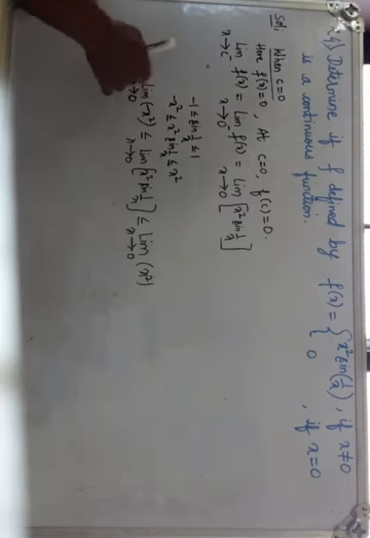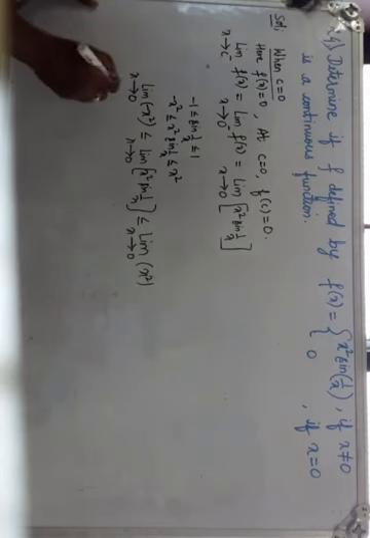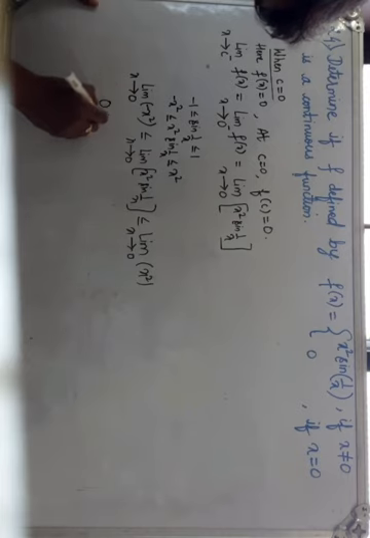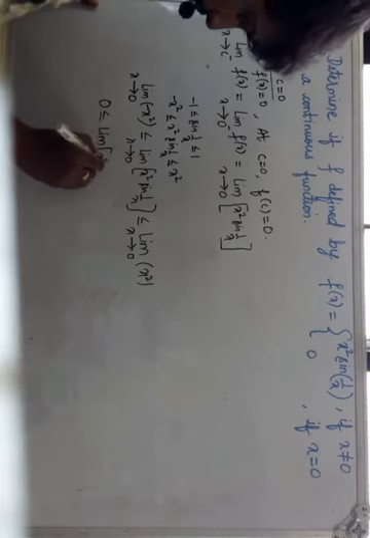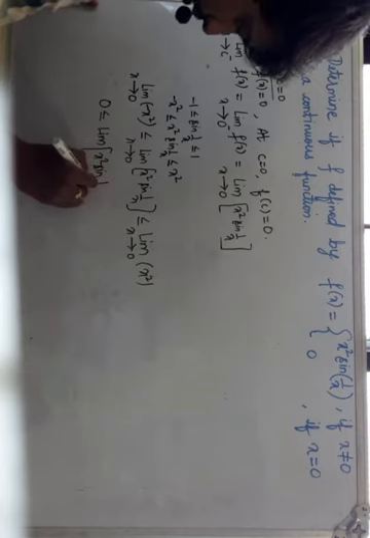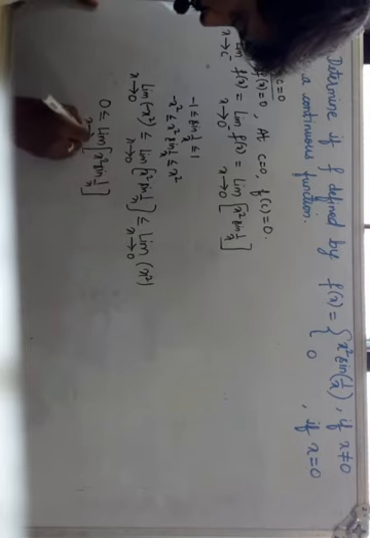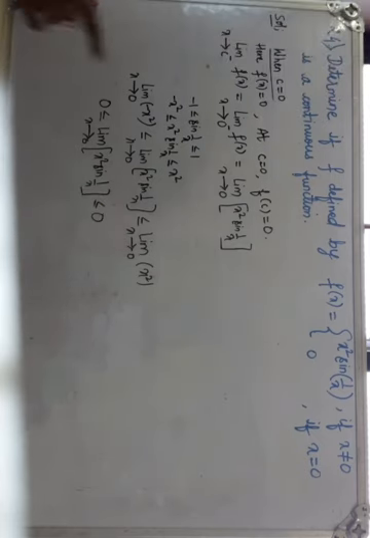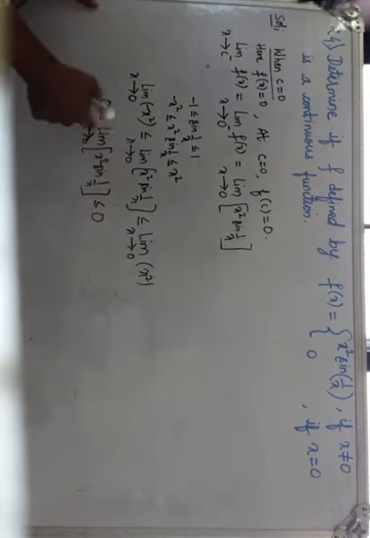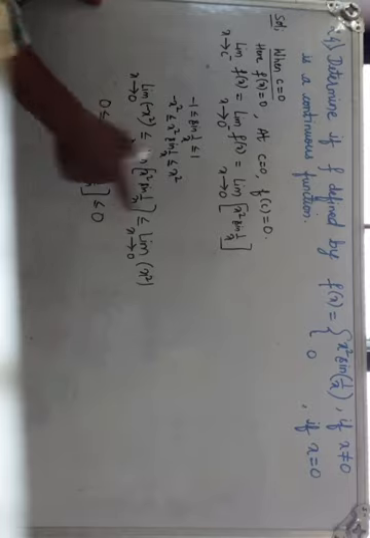The value of the outer limits is 0. So here you can use the principle of the sandwich theorem. Since both outer functions converge to 0, this function's limit must also be 0.